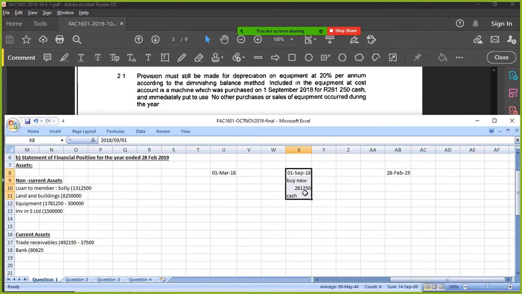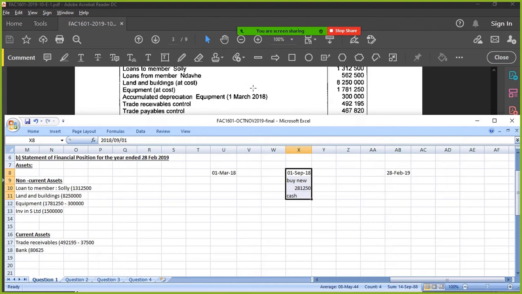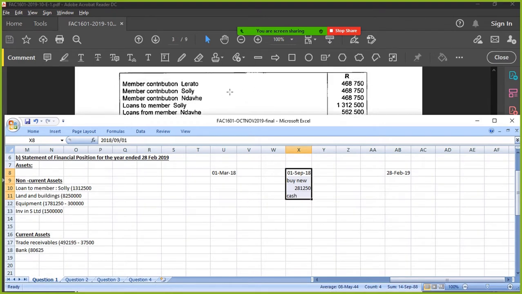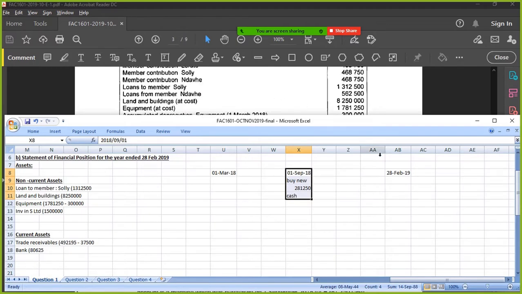Okay, so you bought new there. Remember the balance that we had here, equipment at cost was for what date? 28th of Feb. So the equipment at cost was at the end of the year.